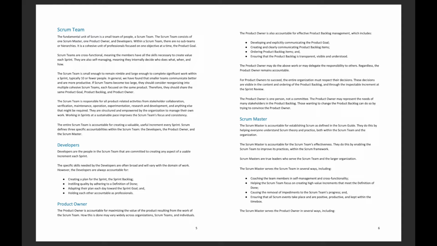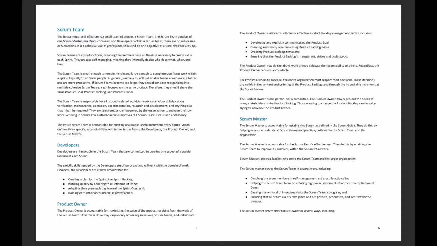The Scrum team is responsible for all product-related activities from stakeholder collaboration, verification, maintenance, operation, experimentation, research and development, and anything else that might be required. They are structured and empowered by the organization to manage their own work.